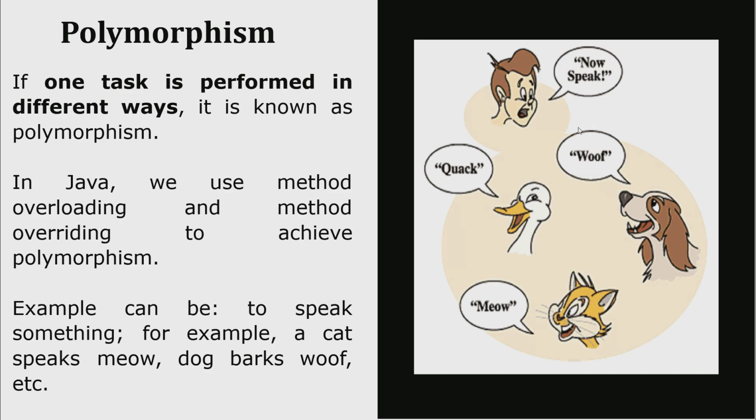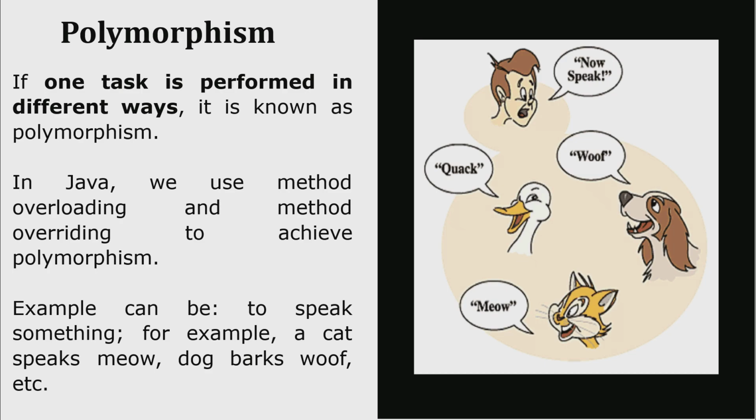Likewise, the man could say blah blah blah, whereas the duck could say quack, the dog says woof, and the cat says mew. The speaking is the same, but it is implemented in different objects in different ways.